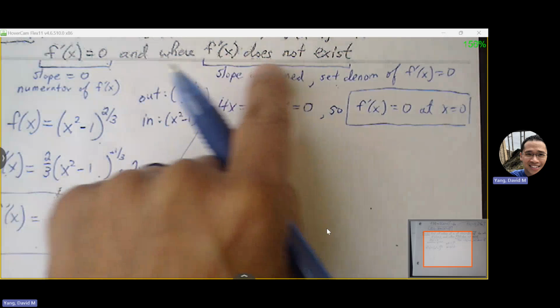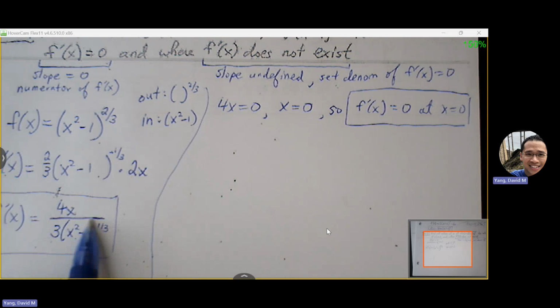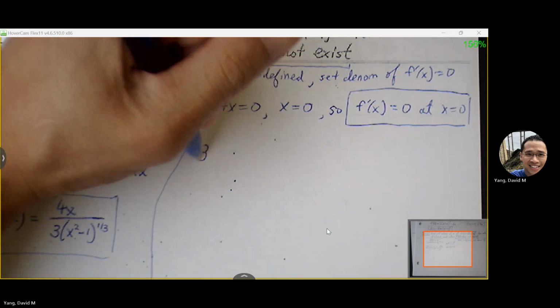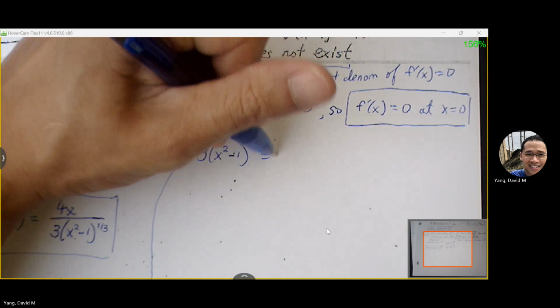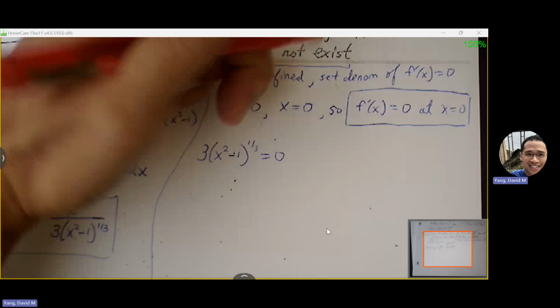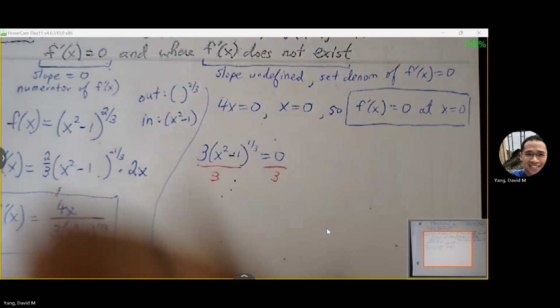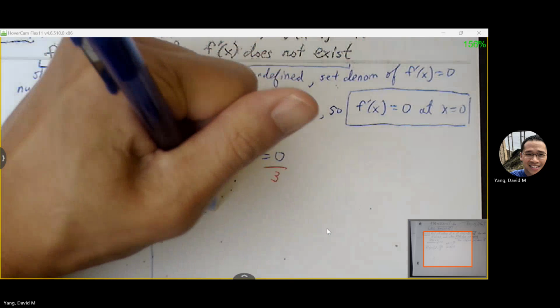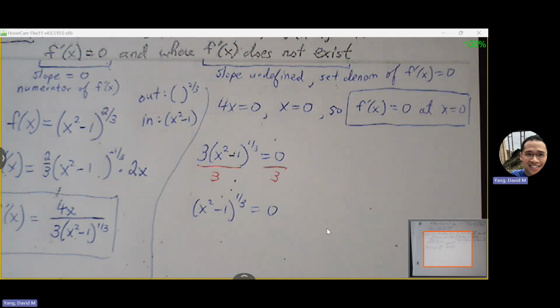And now where the slope does not exist, I'm going to be looking where? The denominator, right? Set the denominator of my derivative equal to 0. So I can divide both sides by 3. I can cube both sides.